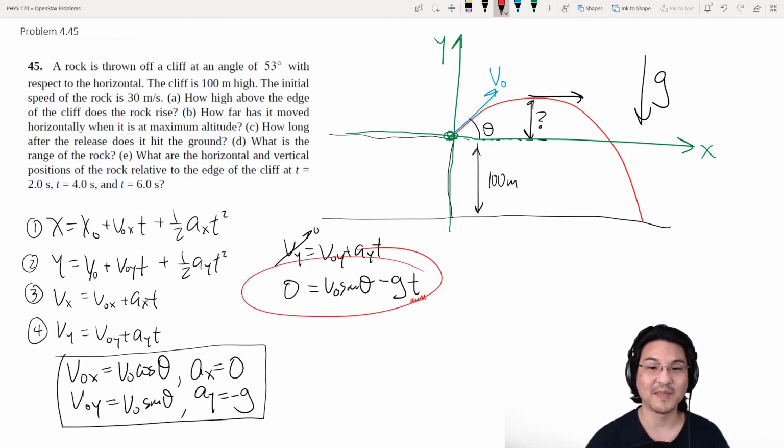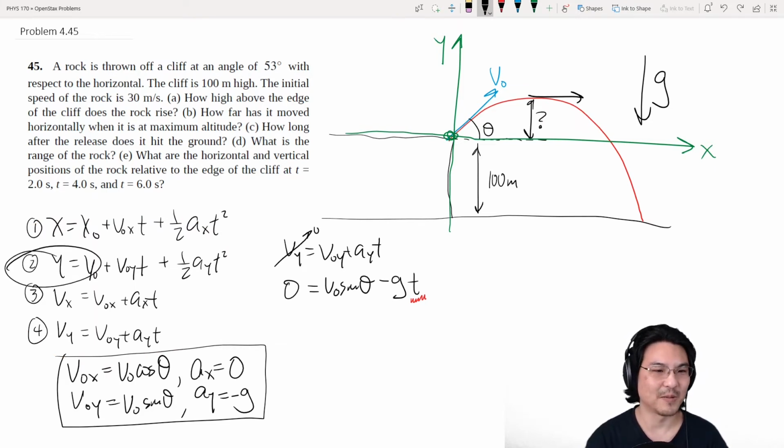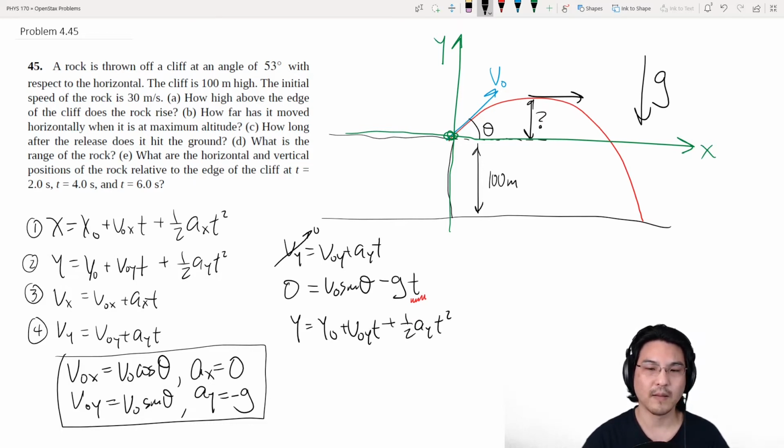So by writing this, now we know the time that the rock reaches its maximum height. How high is that? Look at these formulas, which has to do with height? This one, number 2. So I'm going to pick that one. Okay, so that's the height we're looking for.